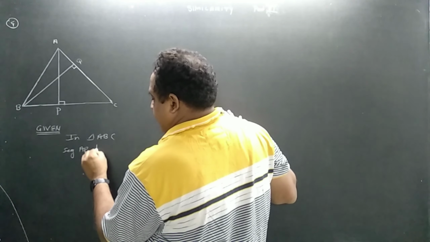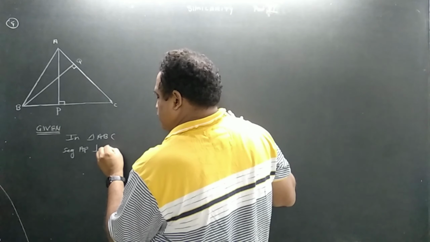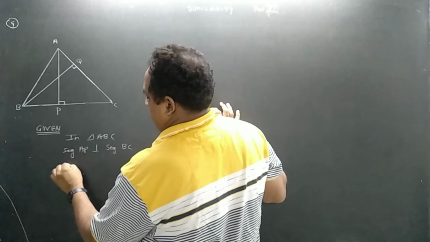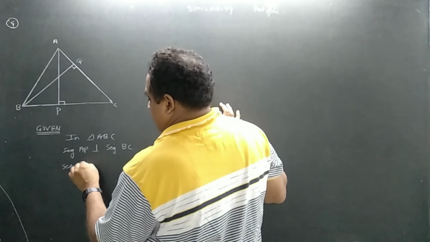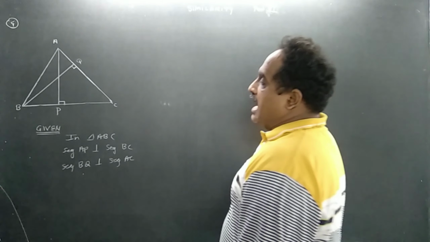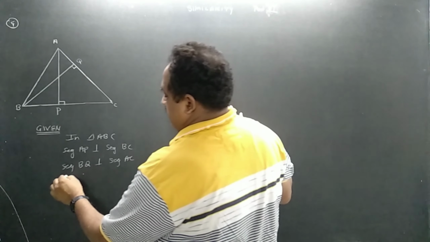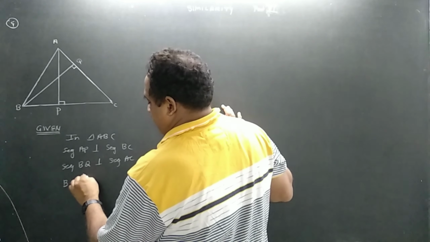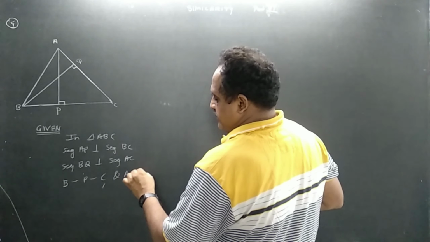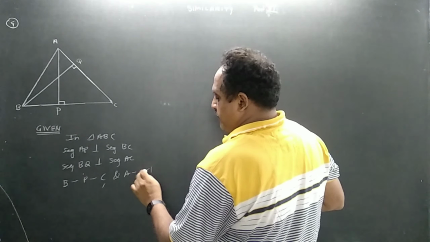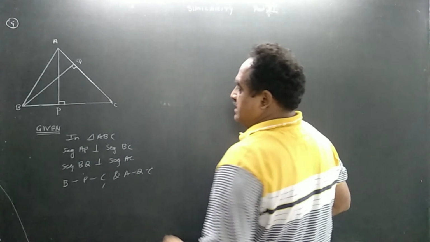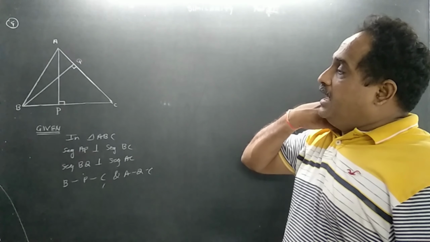Segment AP is perpendicular to segment BC and segment BQ is perpendicular to segment AC. And one more thing is given: B, P and C are collinear points and A, Q, C are collinear points.